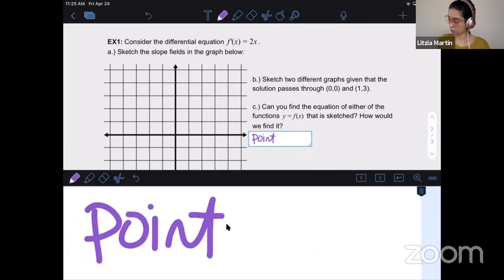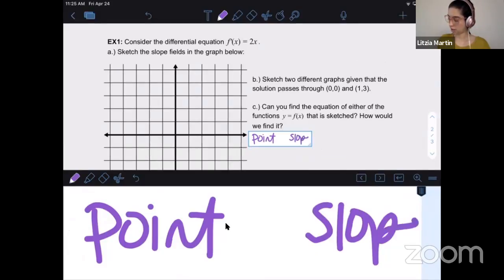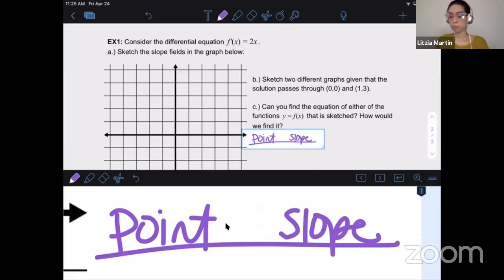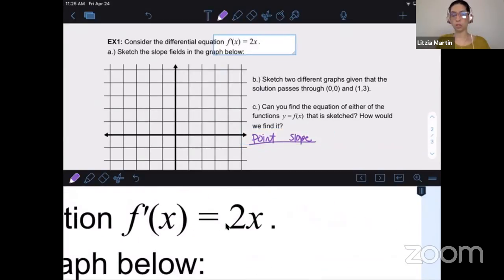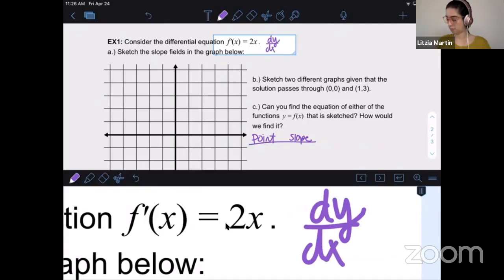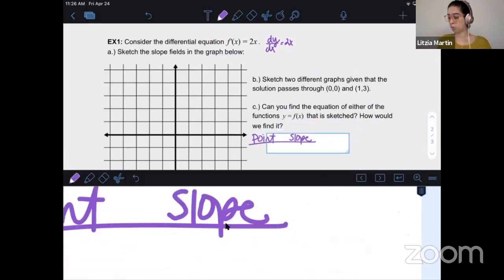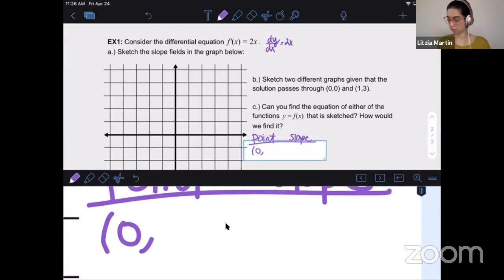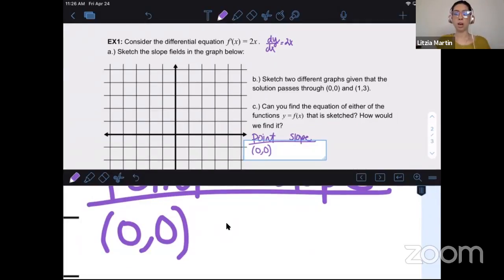And then the slope that goes along with it. So what this means is we have this rate of change, right? dy over dx, I can write it like that, is equal to 2x. With the point, let's say we start with the point (0, 0). We can figure out what the slope has to be at that point by plugging in those x and y values.